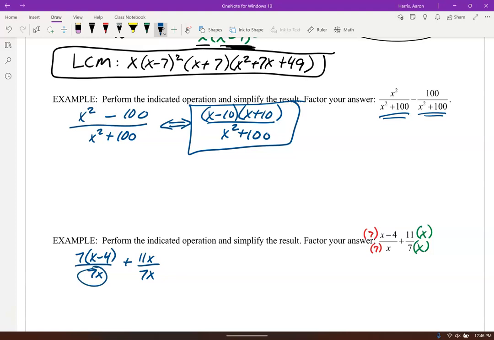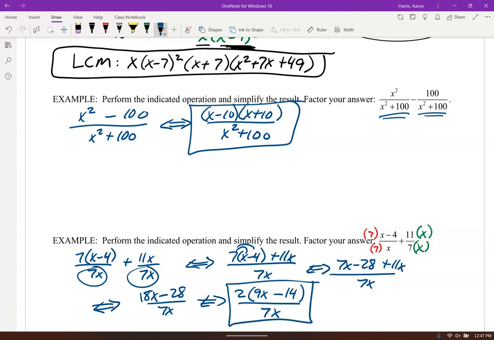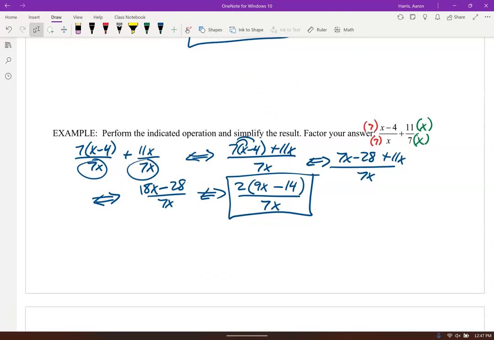And notice I have a common denominator, so I can add these things up. So I have 7x minus 4 plus 11x, all over that common denominator. And then I can go ahead and simplify that. 7x minus 28 plus 11x all over 7x, which becomes 7x plus 11x, 18x minus 28 all over 7x. And I can take a 2 out of that numerator there. So I have 9x minus 14 all over 7x, but still nothing cancels, so I'm just stuck right there.